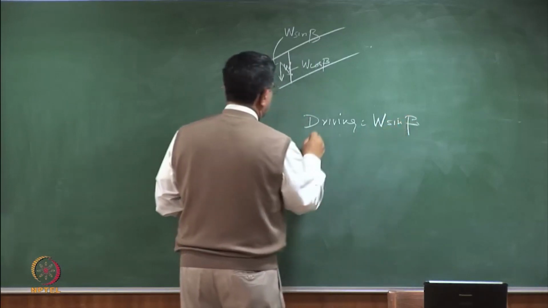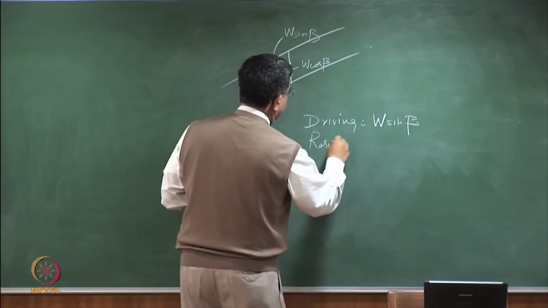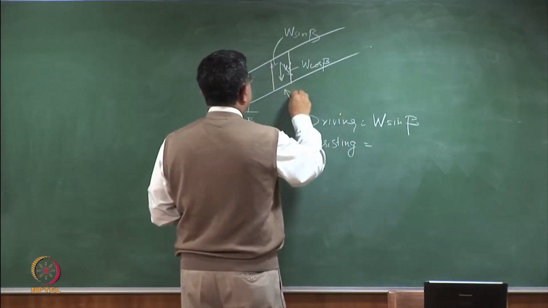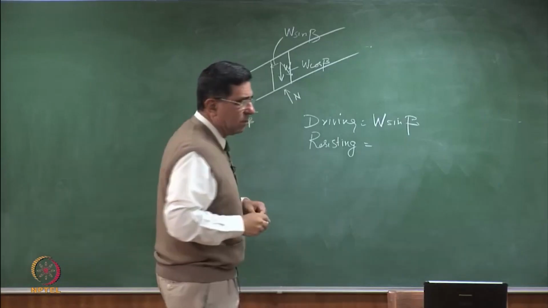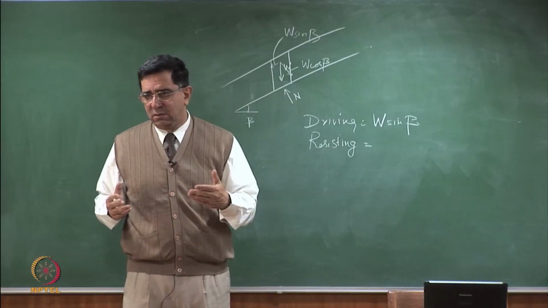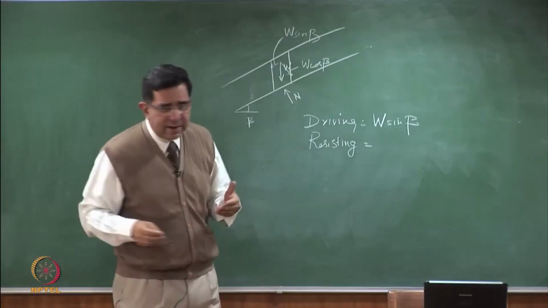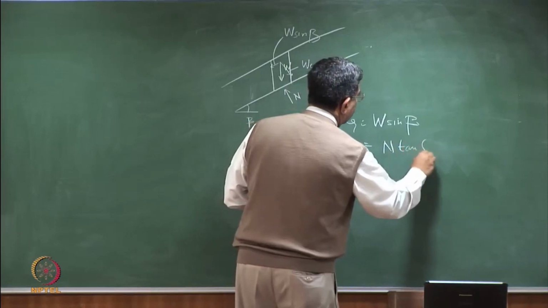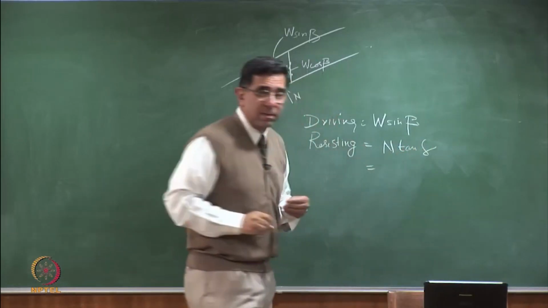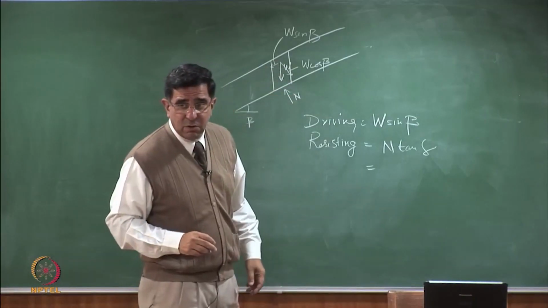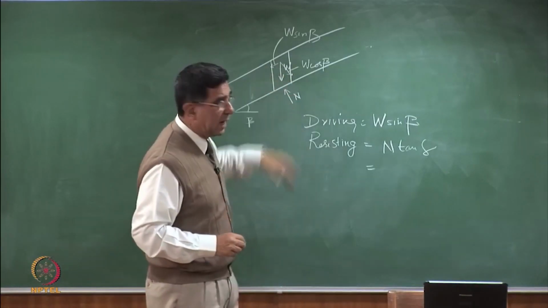So driving force. What is the resisting force? So this has an N, and we've looked at it that at the interfaces C is almost negligible. So what is the resisting force? N tan delta. And what is N? N is equal to W cos beta. The normal force is getting a reaction.